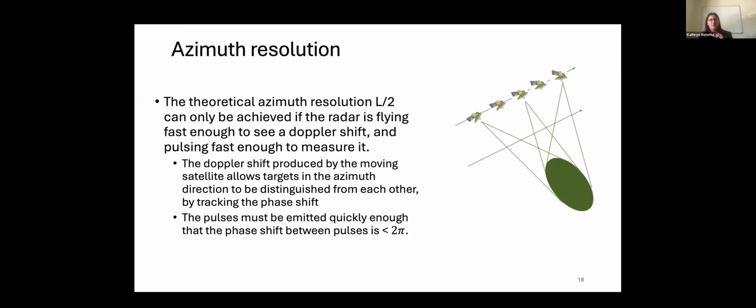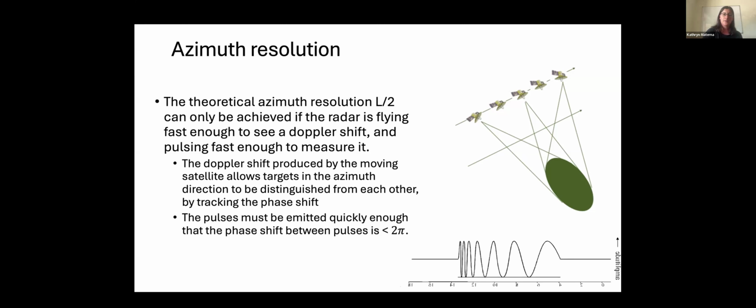So we have an engineering trade-off here. We want to achieve high resolution of something like L over 2, but we need to be moving fast enough to track a Doppler shift, and we need to be pulsing fast enough to see that Doppler shift. So the phase change between consecutive pulses must not exceed 2 pi, or we will alias.